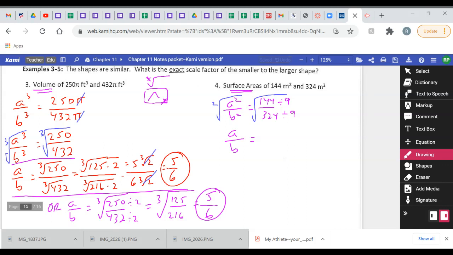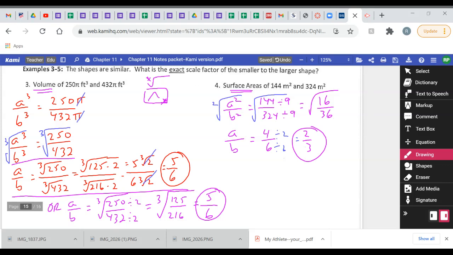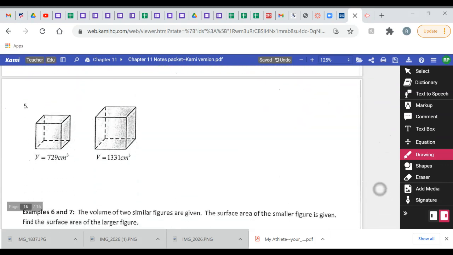So if I go ahead and do that, it reduces down to 16 over 36. So now if I take the square root of both of those numbers, then I get 4 over 6. And then I realize that 2 goes evenly into both of those. So I end up with 2/3. So there we go on number 4. All right, moving right along.